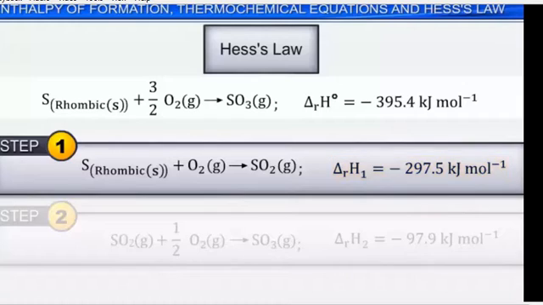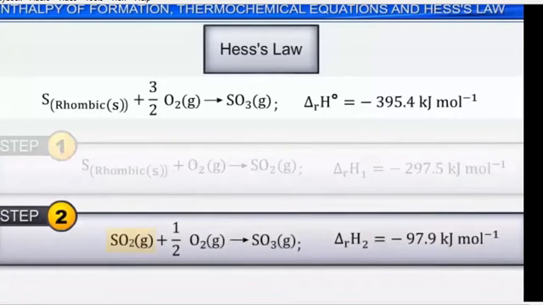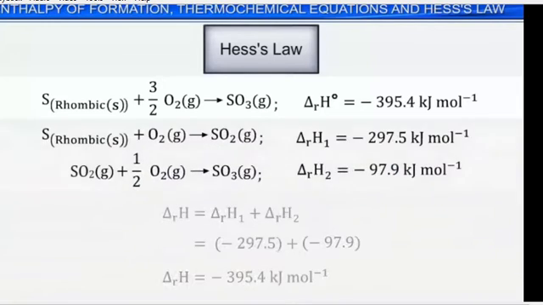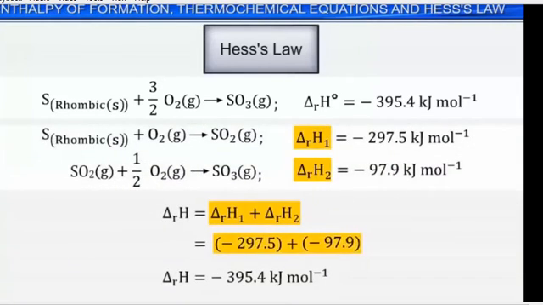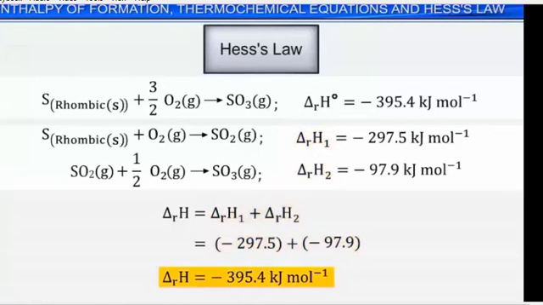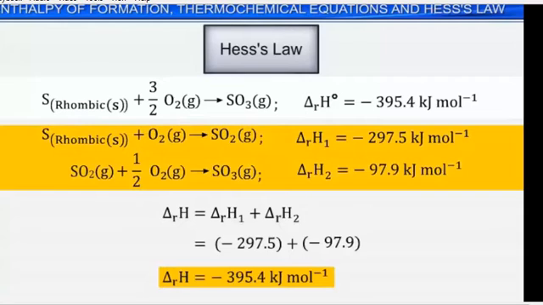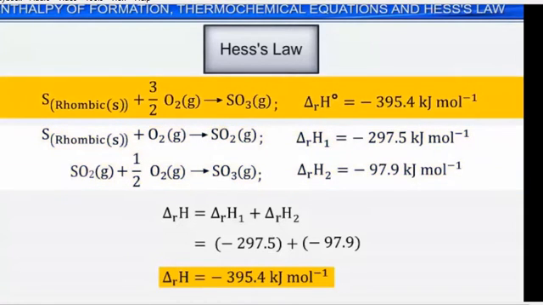In the second step, sulfur dioxide reacts with oxygen to form sulfur trioxide. The heat evolved is minus 97.9 kilojoules per mole. If we add the heat evolved from both steps, we get minus 395.4 kilojoules per mole. Note that the amount of heat evolved through the two steps is the same as the amount of heat evolved in one step, thus proving Hess's law.